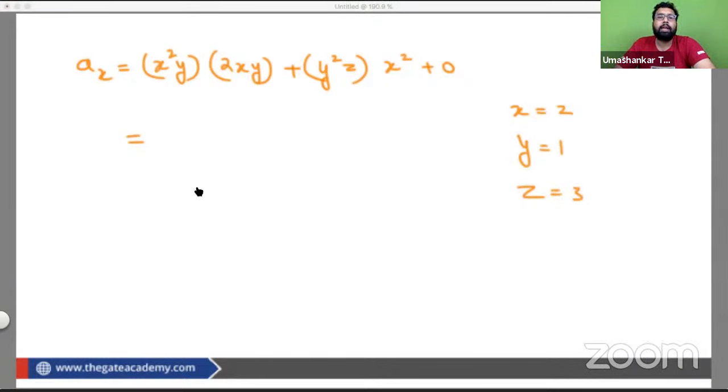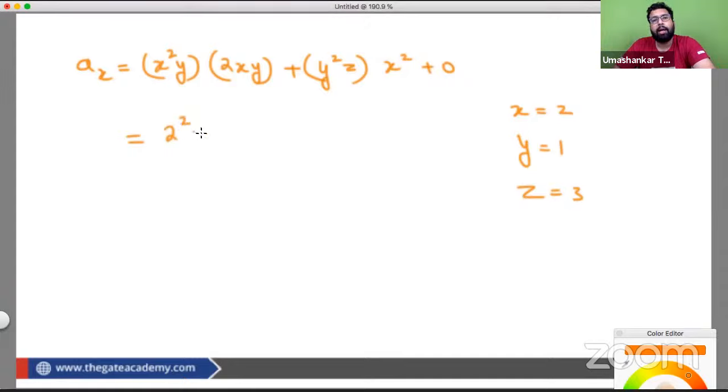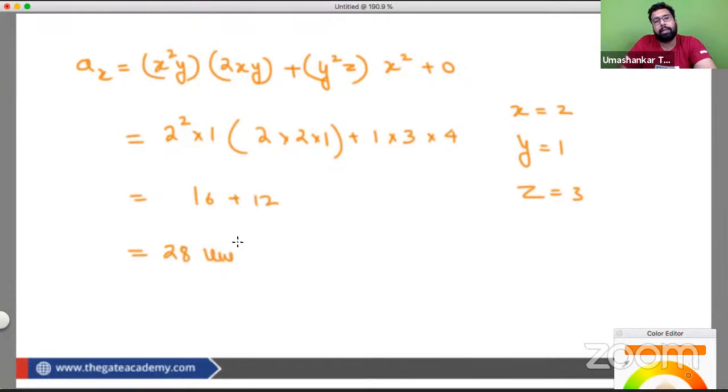By putting the values of X, Y, and Z here, what will we get? We have 2 squared into 1, that is 2 into 2 into 1, plus Y squared Z, that is 1 into 3 into 2 squared, that is 4. So we have 4, 4, 16 and plus 12. So we are having 28 units, right?